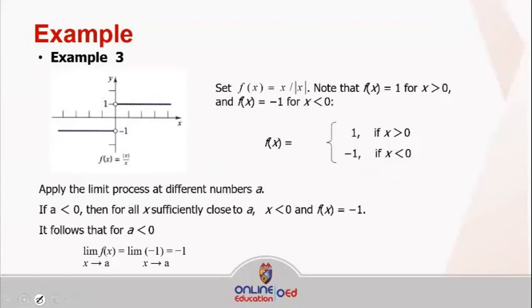Next naman natin dito, we have yung f of x is equal sa x over absolute value ng x. Note that yung f of x natin is 1 for x greater than 0, and f of x natin is equal sa negative 1 for x less than 0.